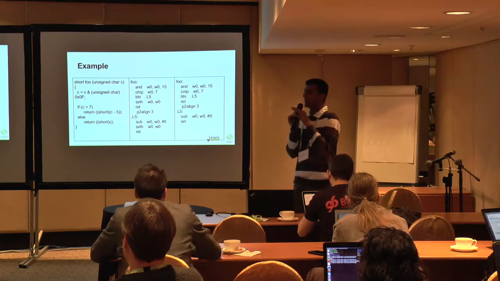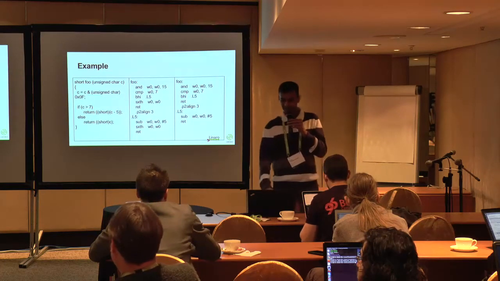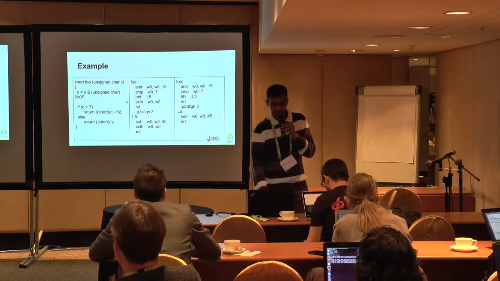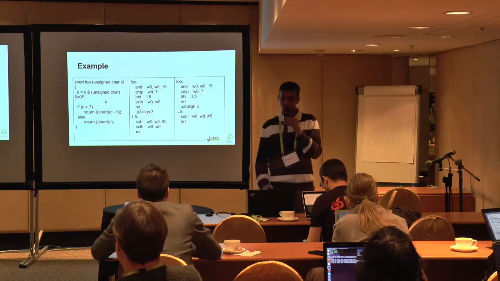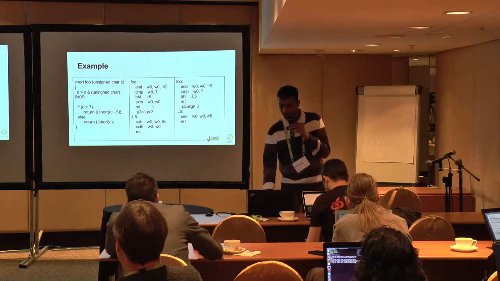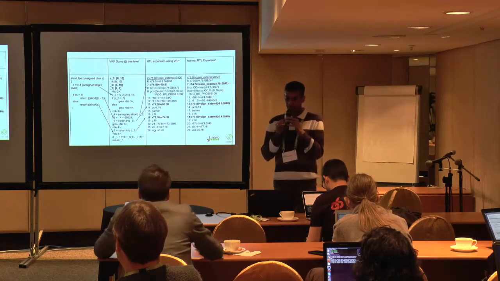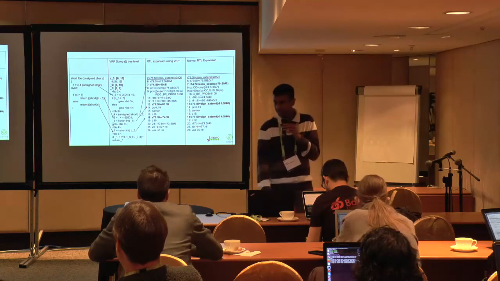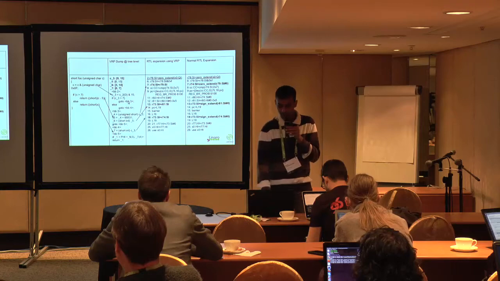So let's look at another simple example. Here, based on this value range information, we can actually remove these two sign extensions. I'm going to show how we do this in the subsequent slide. Here, the value range propagation pass is going to gather value ranges for all the variables.